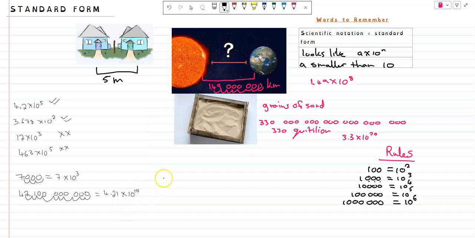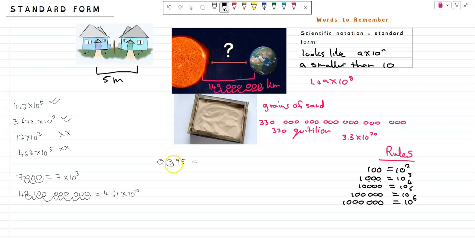Now let's look at another kind of standard notation. We're going to go to negative numbers. If we have 0.395 and we need to change this into standard notation, how would we do that? Again, we start at the decimal point and count to the right.